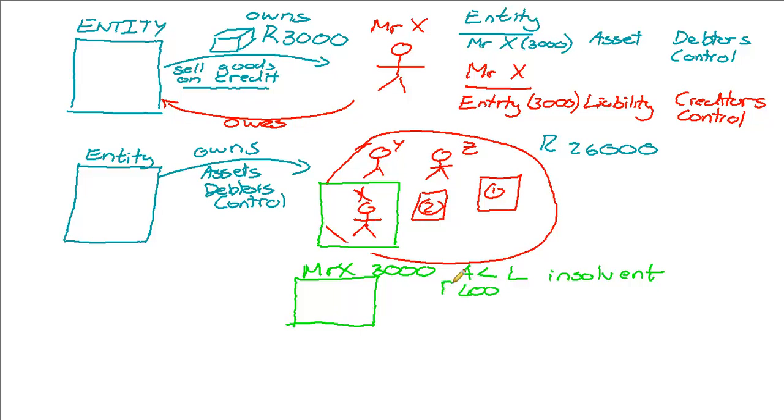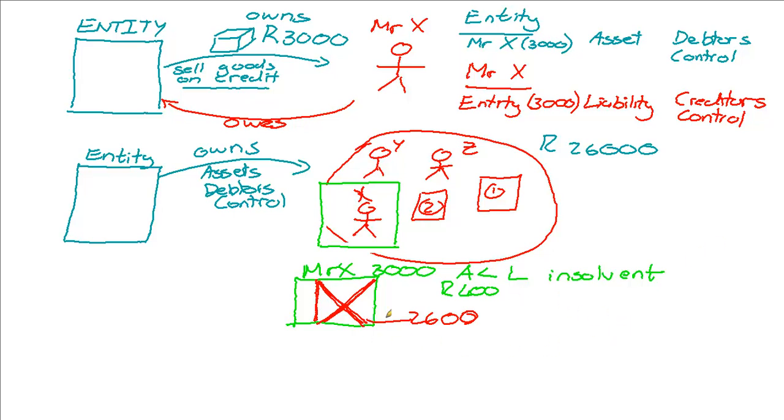Only 400 Rand will be received by the entity. The rest of the debt, this remaining portion, is what we are going to have to write off. So of this original 3,000 that we were owed, this portion here we are going to have to write off, and that portion is 2,600 Rand.